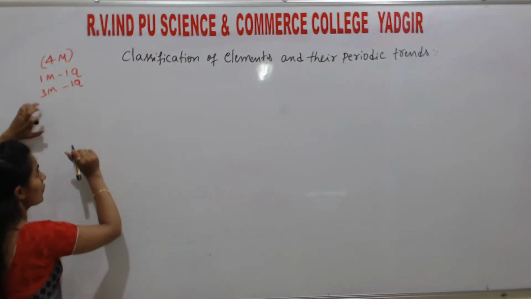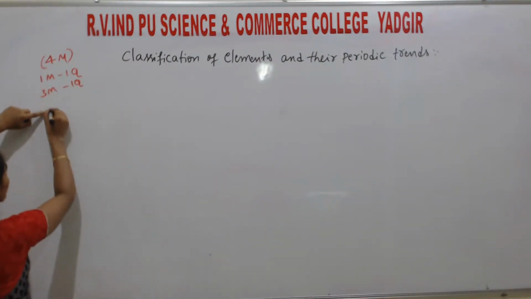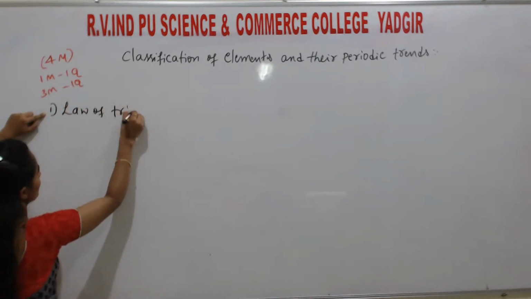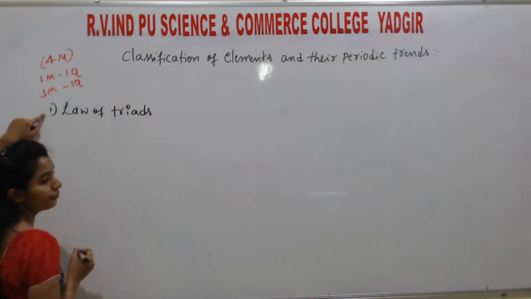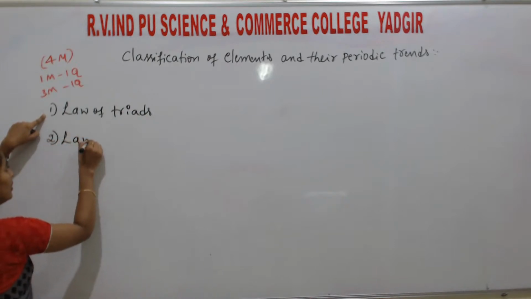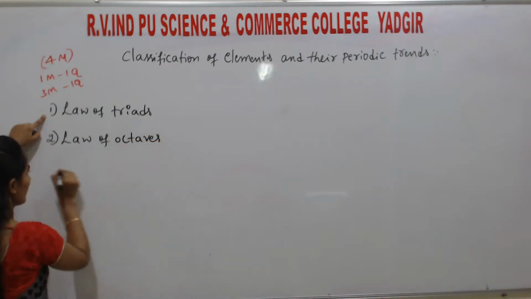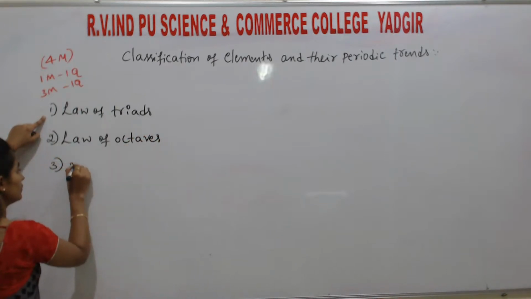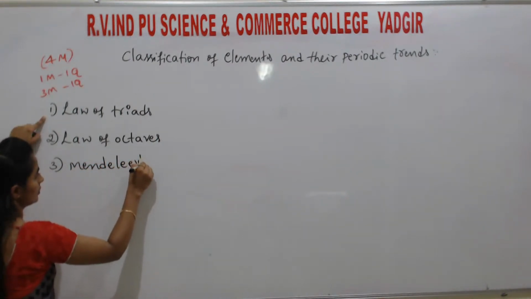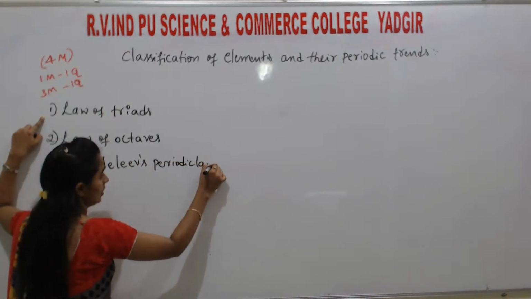Students, listen, 4 laws explain the classification of elements. In that, first one is law of triads. Second one is law of octaves. Third, Mendeleev periodic law.